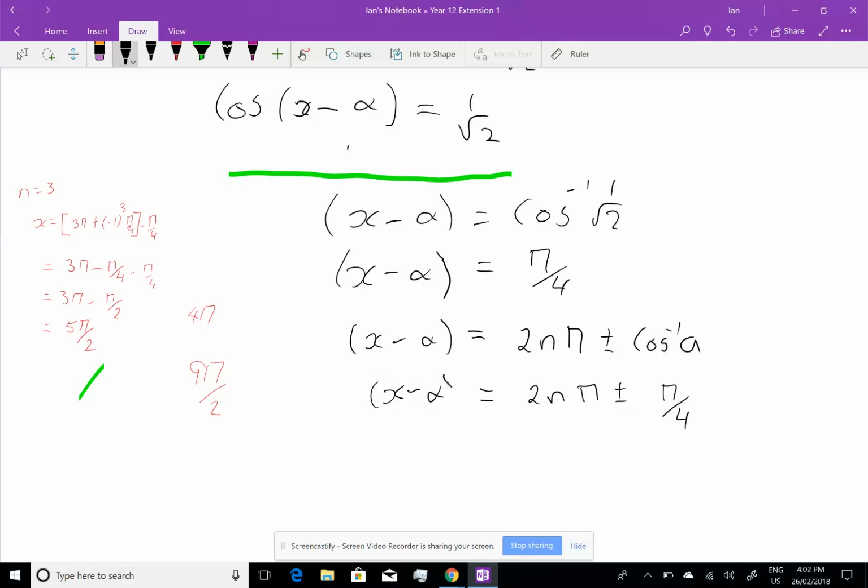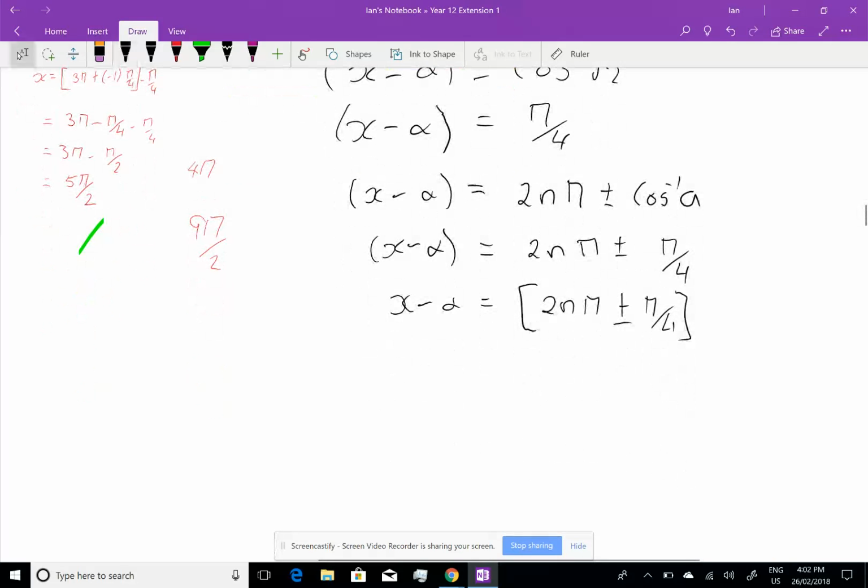I need to remember that alpha is pi on 4, so I'm going to get x minus alpha equals 2n pi plus or minus pi on 4. So x equals 2n pi plus or minus pi on 4 plus pi on 4.